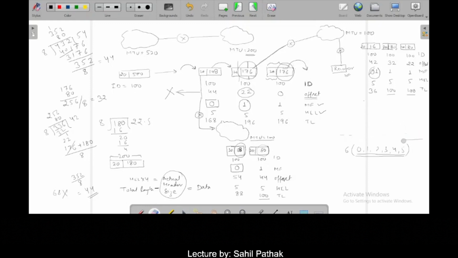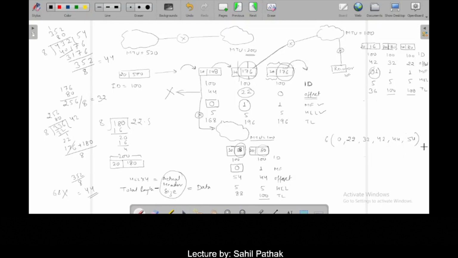So the receiver will receive in total 6 fragments with offset values: it will receive 0, and this is further divided into 3, so then 22, and then 32, and then 42, and after this is further divided into two parts, which are 44 and 54.